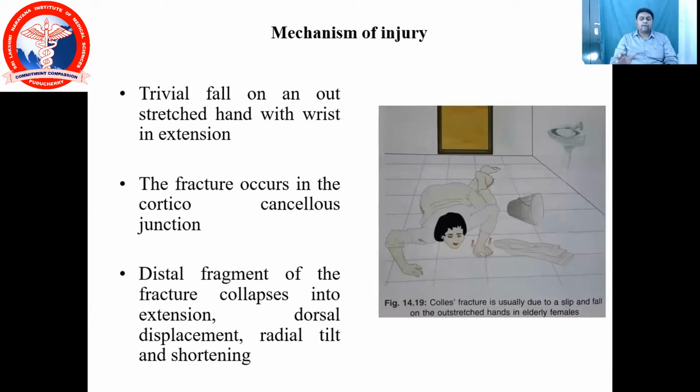To prevent the fall, what will they do? They will put the hand out to prevent the head from being injured, or to prevent the fall. So the wrist will be in extension and the fracture occurs at the corticocancellous junction of the bone, and the bone gets displaced dorsally.